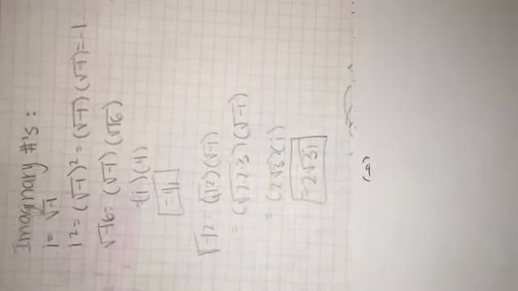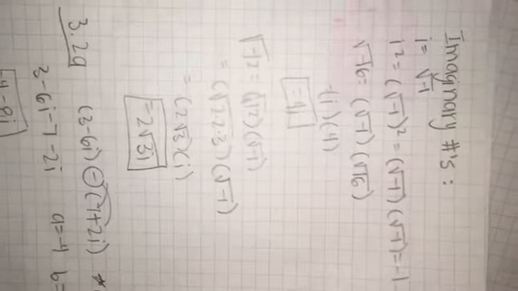And for the problem, the square root of negative 12 equals the square root of 12 times the square root of negative 1, and that equals the square root of 2 times 2 times 3 times the square root of negative 1, which is 2 square root 3 times i, which equals 2 square root 3i.